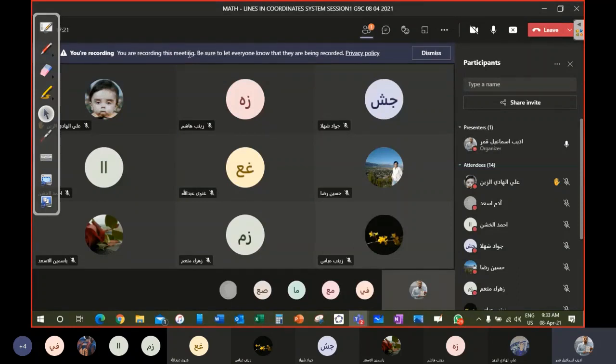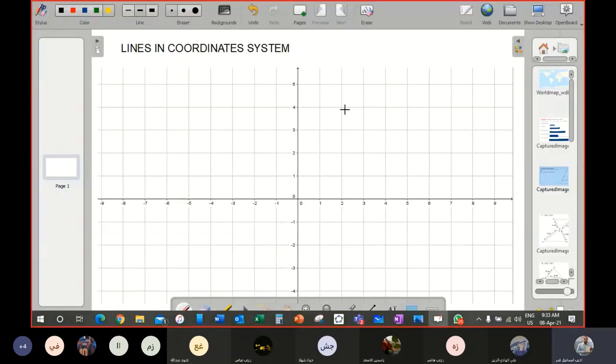Who knows another name? Okay, this is the coordinate system, or the orthonormal system, or the orthogonal system, or the Cartesian system for axes, or X or Y system of axes.